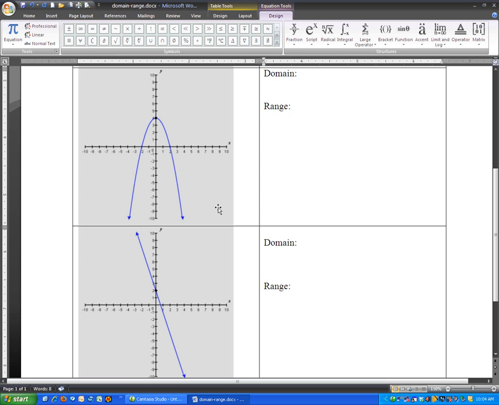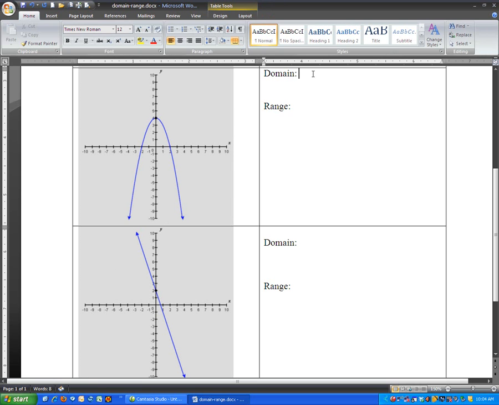But a real common mistake I'll see students make is saying the domain goes from -4 to 4. Well, that's only what you see in the picture. But these arrows tell you the graph goes forever. So this graph really keeps going down and out and down and out. My domain is all real numbers. Graph goes forever to the left, forever to the right.